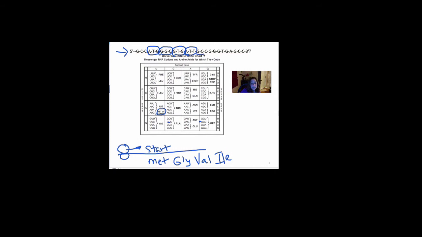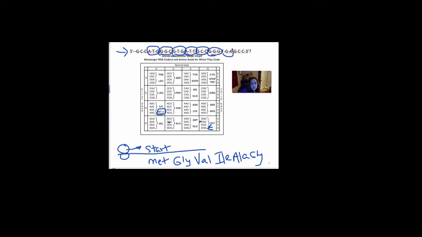Now GCC, we have GC and C here. I see it here. GCC, again we have another alanine. GGG, which is right here, GGG, it's a glycine.